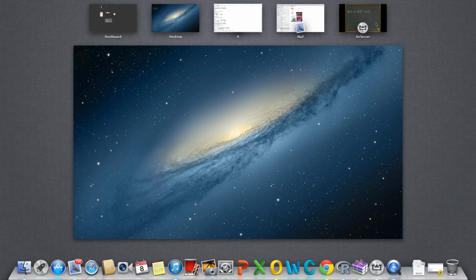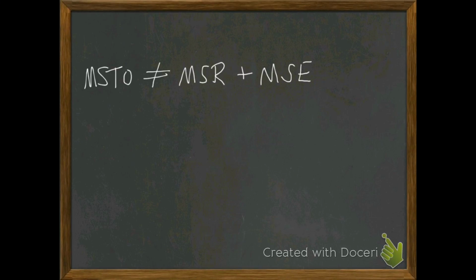Typically, a typical ANOVA table looks more like this.